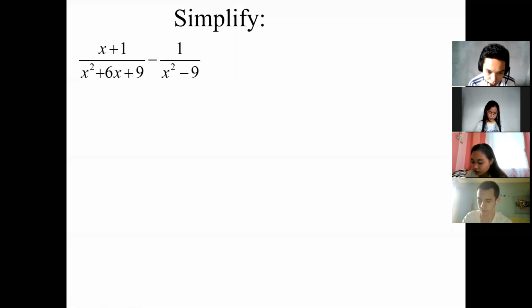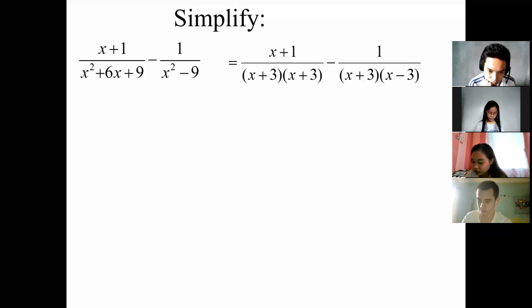So let's first factor the denominators. For x squared plus 6x plus 9, the factors will be x plus 3, x plus 3. For the difference of two squares, x squared minus 9, the factors will be the conjugates, x plus 3, x minus 3. So what will be our LCD?